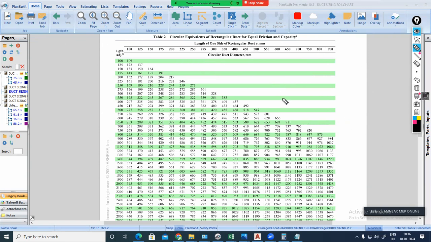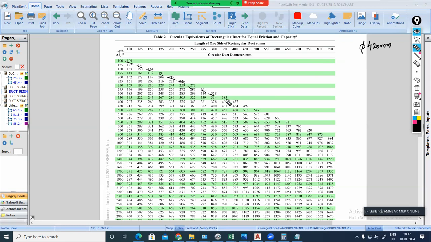That's why, with the help of this table, if you want to find an aspect ratio 1 duct, you have to check in the first diagonal. I'll explain. What is the round duct diameter we got from the table? Round duct diameter we got is 420 mm.